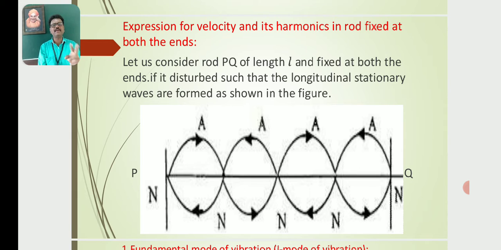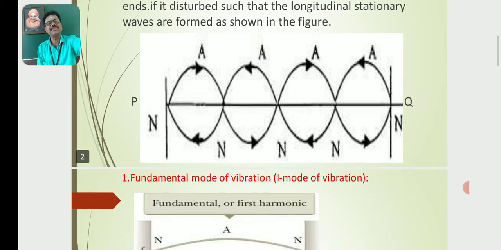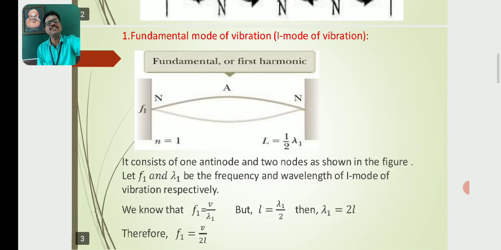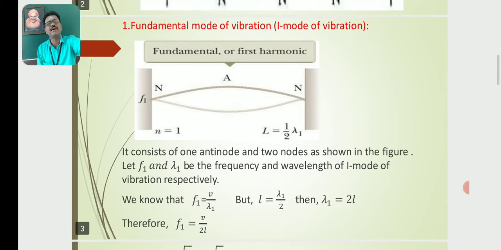The length of two loops must be equal to the wavelength of the wave, so the length of one loop or segment is equal to half of the wavelength. These are the longitudinal stationary waves along a rod.